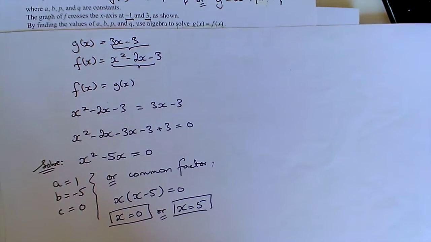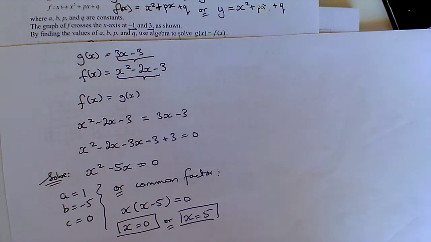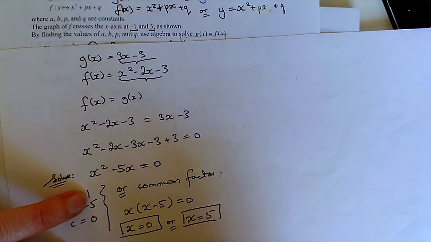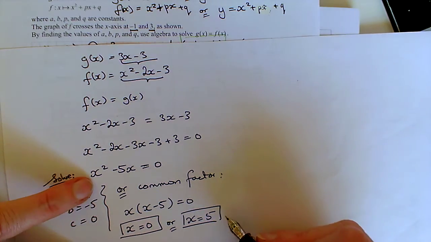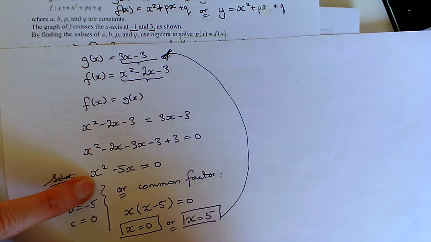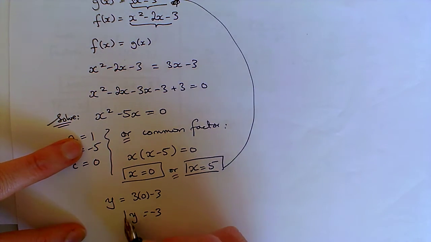So they have asked me to use algebra to solve g of x equal to f of x. Have I finished? All I've done is find the x values. I do need to sub them back in to either one of these. It doesn't matter. So when x is equal to 0, y is equal to 3 by 0 minus 3. So y is equal to minus 3.